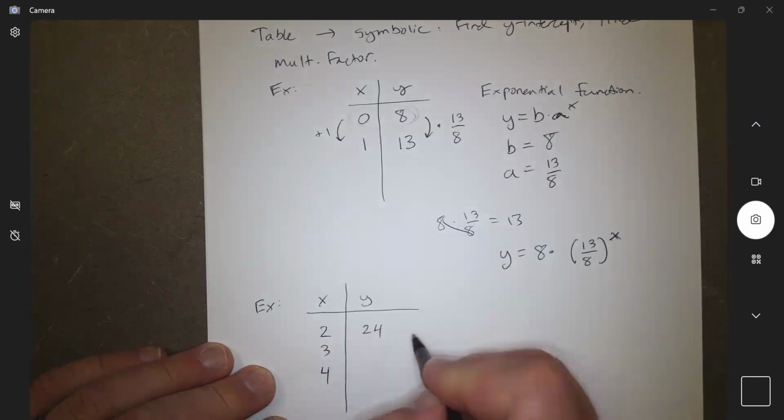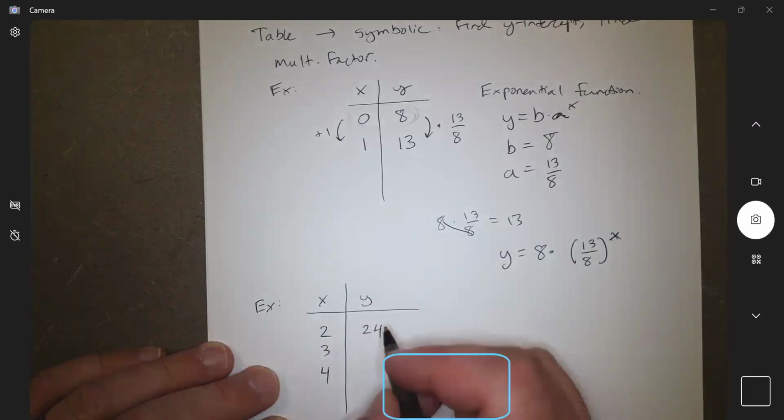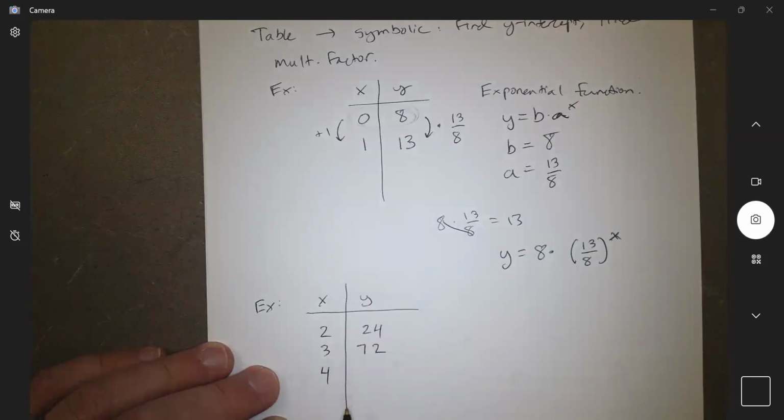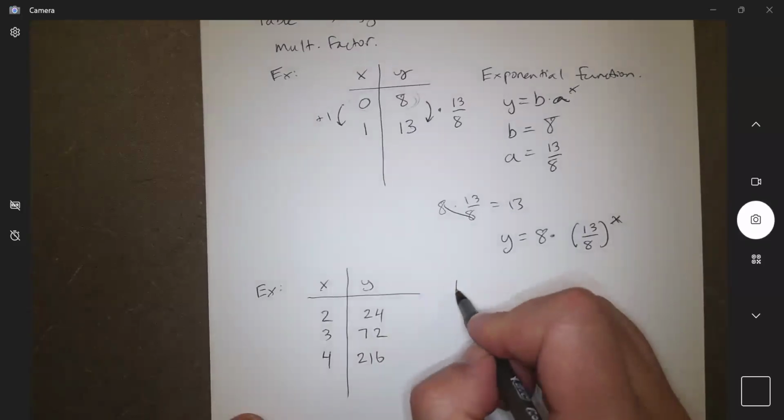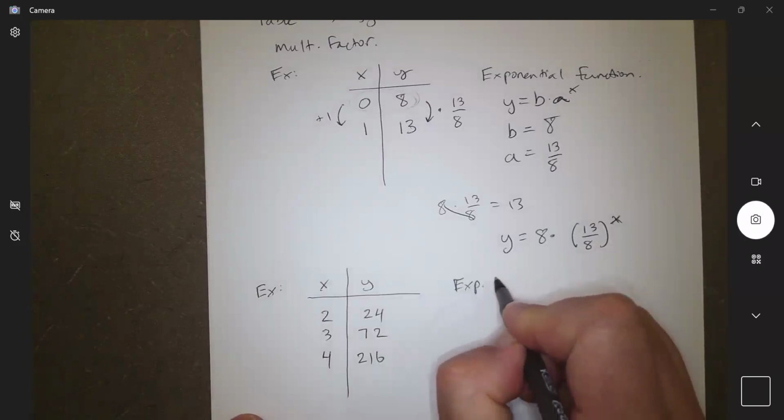There's one example. Here's another example from the table. 4, 72, 216. All right, and I want this to be exponential.